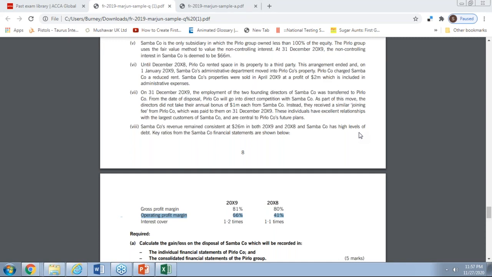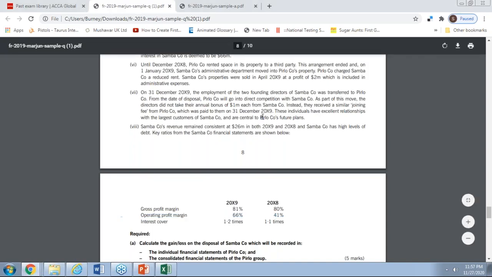And the third thing is they have sold the properties for which they have recognized a gain on the disposal. Okay.